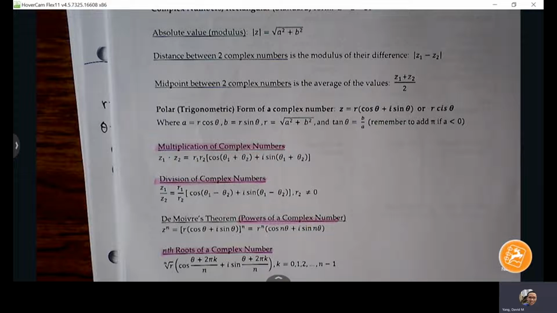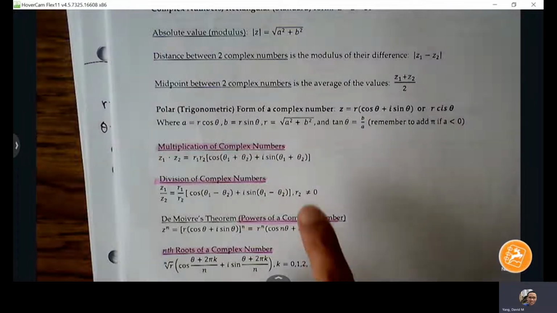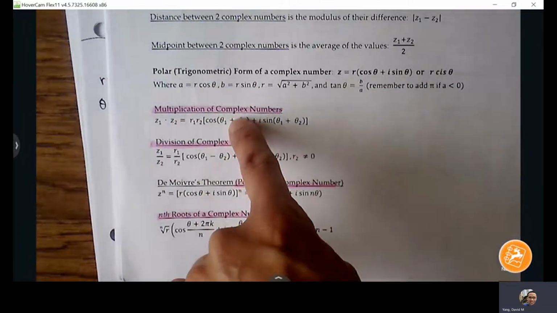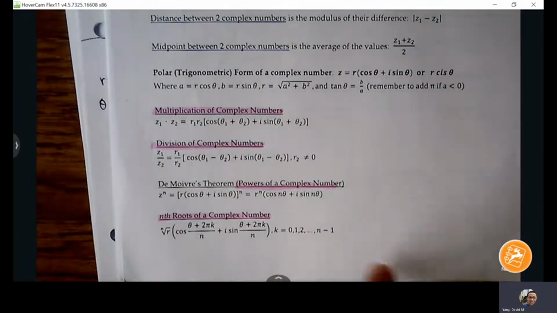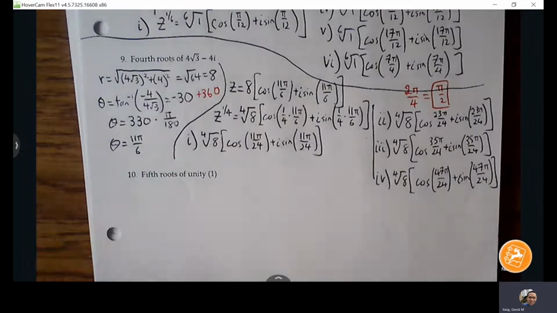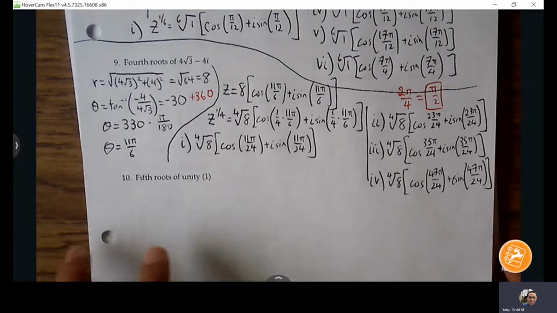We do need to review distance between two complex numbers, midpoint between two complex numbers. But today I really want us to focus on these recent operations that we've been working through: multiplication, division, powers, and roots.